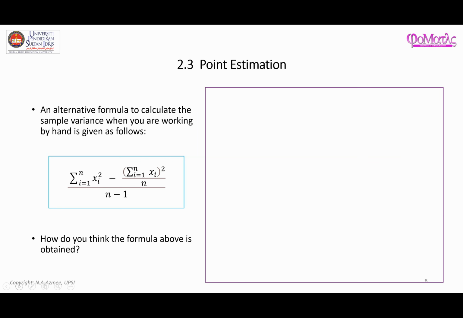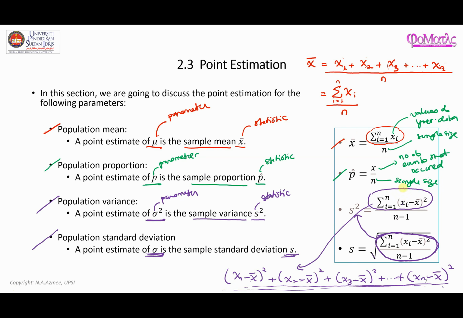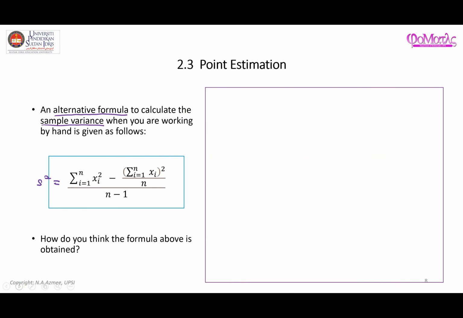All right. So in this slide, I'm going to talk about the alternative formula to calculate the sample variance. So this is the formula for sample variance. It looks different than what is given here. And this is an alternative formula when you have big data and you are working manually using a calculator, using your hand.